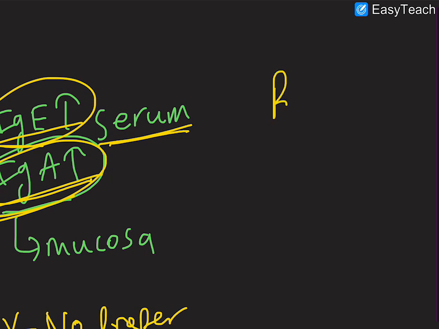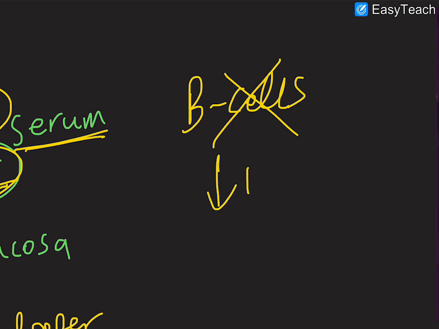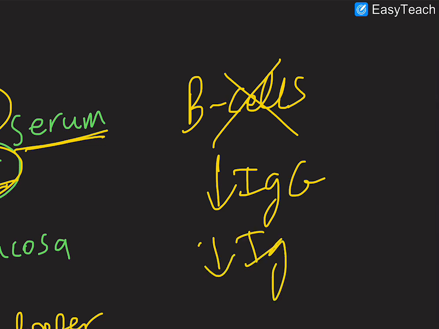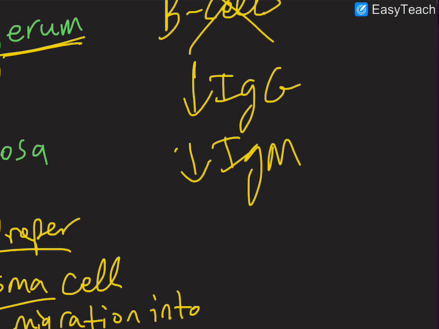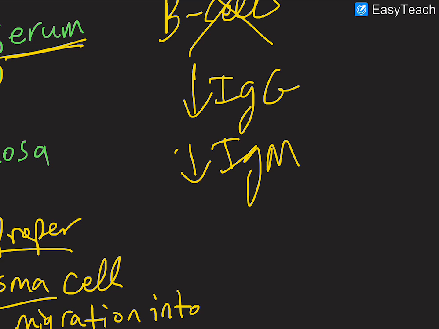But because your B cells are dysfunctional, you're going to see low IgG and low IgM antibodies, and of course low IgA in your mucosa, but elevated IgA in your serum, okay, due to the T cell skew, because they may release more interleukin 4 and 5, but you're going to have poor migration of your plasma cells into your mucosa. So that's why you see low IgA in your mucosa, okay?